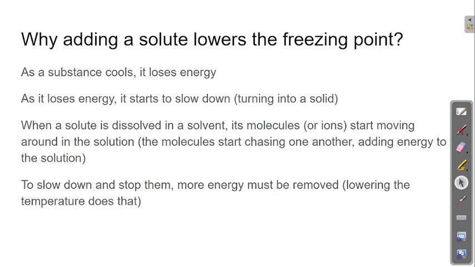So to freeze the mixture that you created by adding the solute, you have to lower the temperature by a certain amount to compensate for all this movement created by the molecules and ions that you put in there. To slow down and stop them, more energy must be removed. One way to do that is by lowering the temperature of freezing.